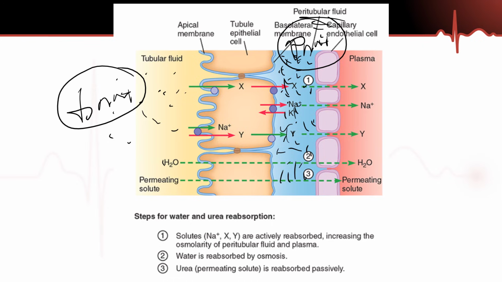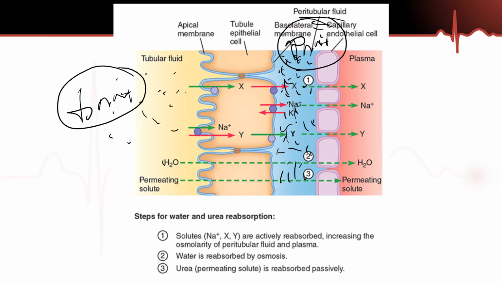This only makes sense, right? Because what are we doing at the level of the proximal convoluted tubule? We're reabsorbing a whole bunch of the sodium. We're progressively taking sodium from the blood plasma within the lumen and bringing it back into the bloodstream, into the peritubular or interstitial fluid.